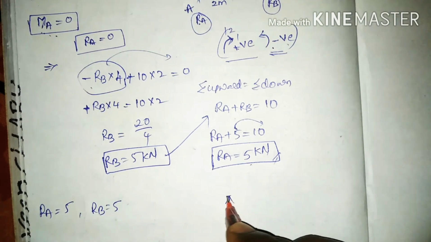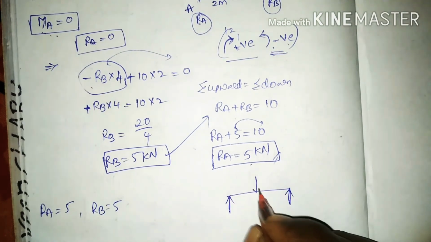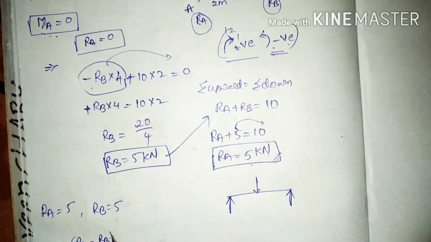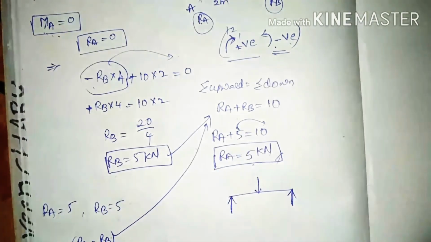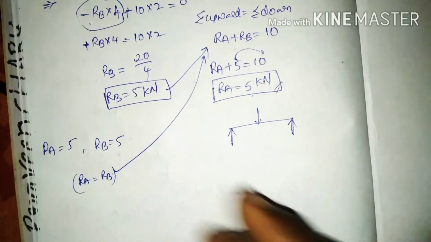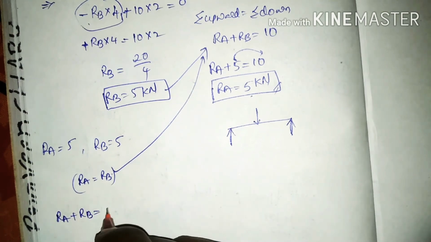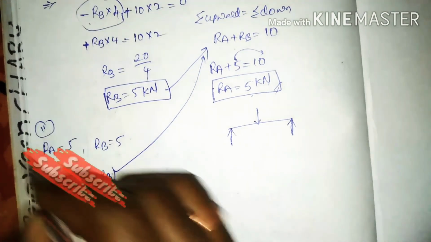If you find that the load is symmetrical, then you can take RA equal to RB and substitute in the equation, and you get the same value. This is the second method.